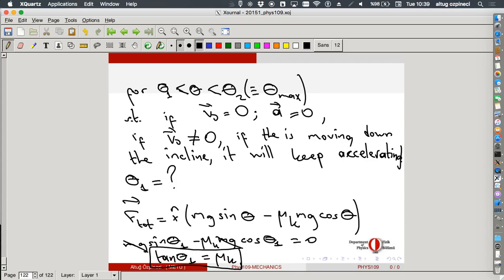If you push it upward above that angle, mg sin theta will be greater than this, so it will accelerate. If you push it back to that angle, at that point the acceleration will be zero. Is that what they are saying?